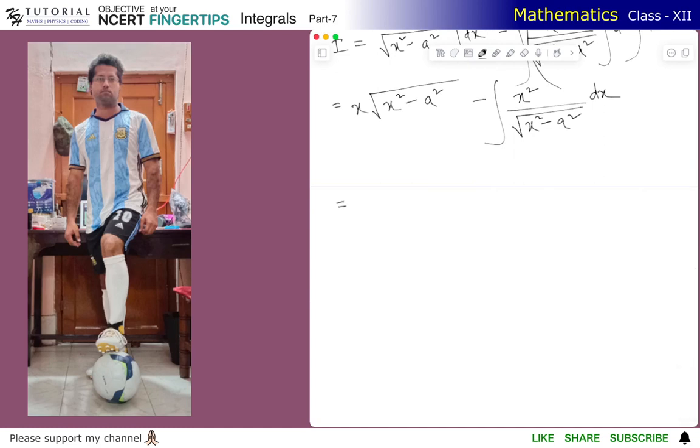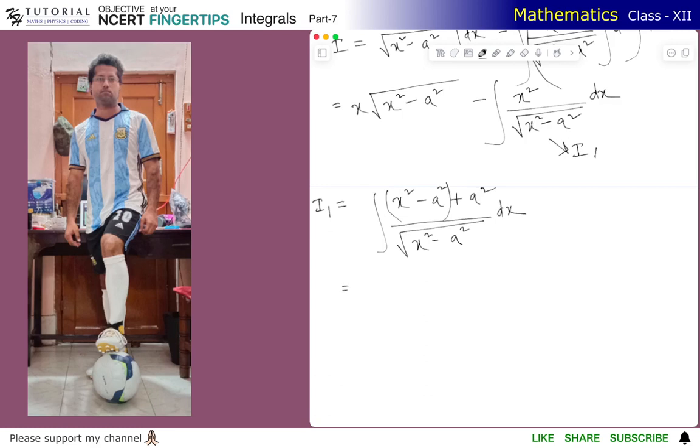So if we call this I1, I1 equals x square by square root of x square minus a square, which we can write as x square minus a square plus a square, and in the denominator we have the square root of this.